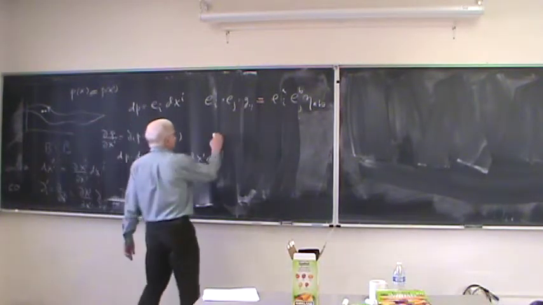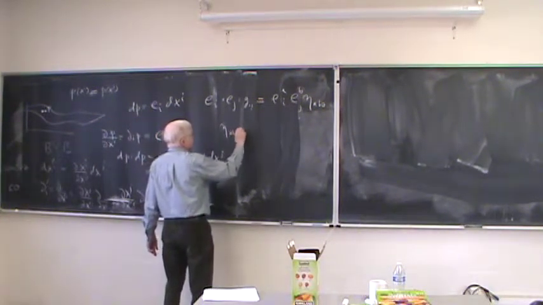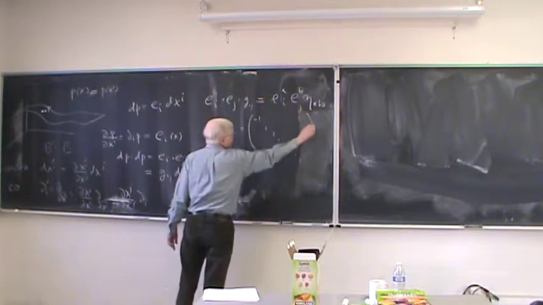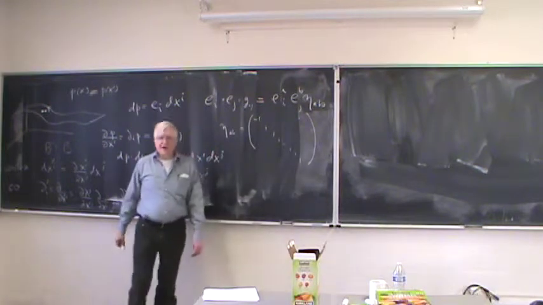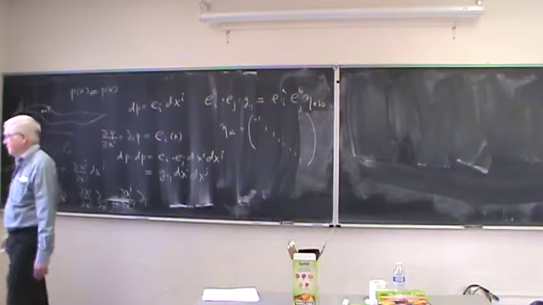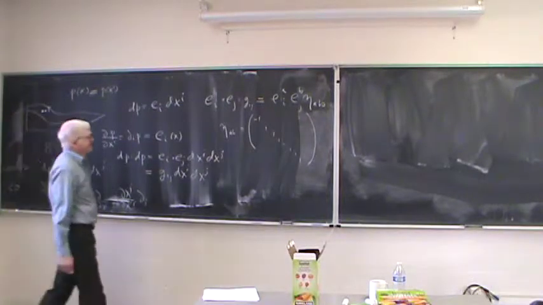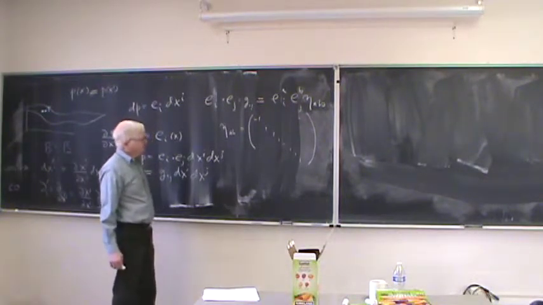So eta AB is minus 1, 1, 1, 1, 1, 1, 1, however many there are there. I think for the purposes of 4 dimensions in this course, we can say, well, 8 is enough. If we include singularities, maybe you need more. But anyway, let's just take 8.